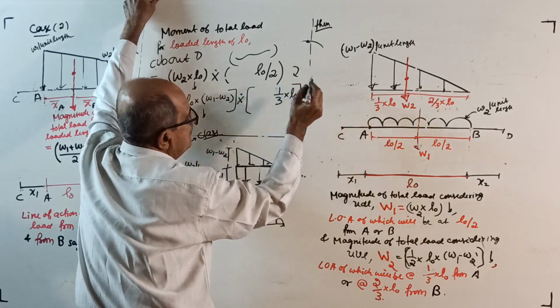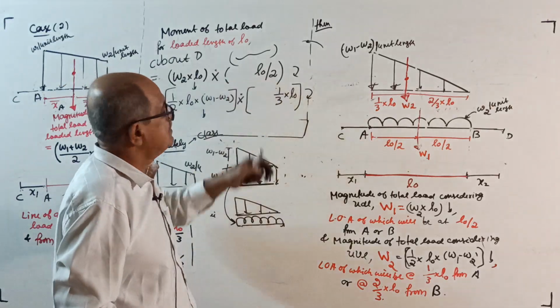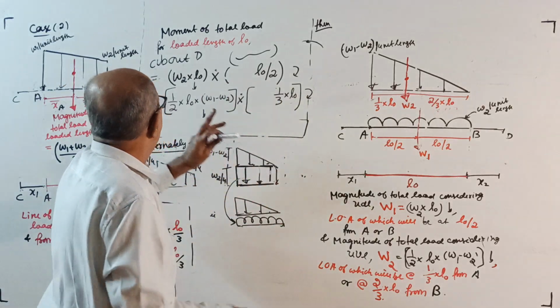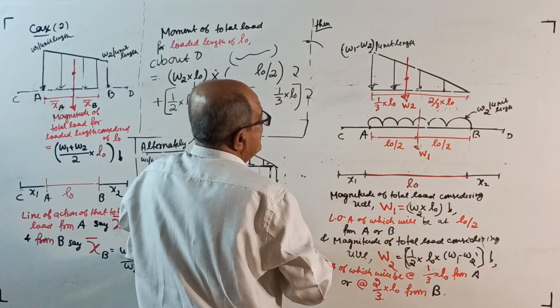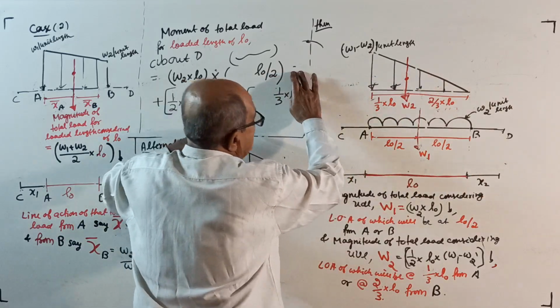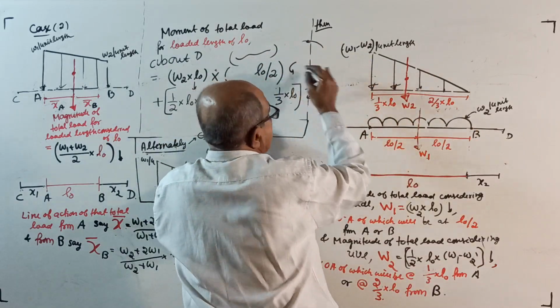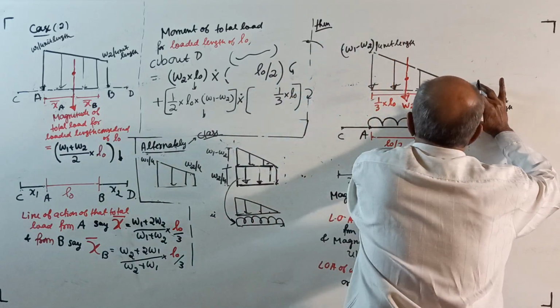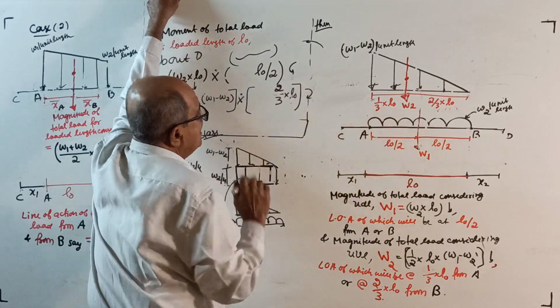That also is clockwise. Over. Space I am adjusting. Moment about A over. Now, moment about B. This load into this distance, same, but it is anti-clockwise. But this load into this distance is not 1/3, it is 2/3 of L0.